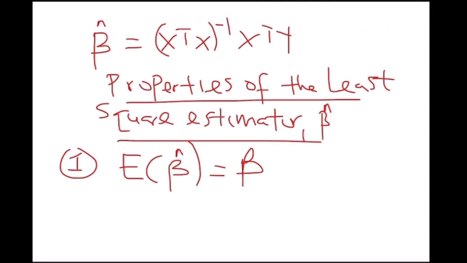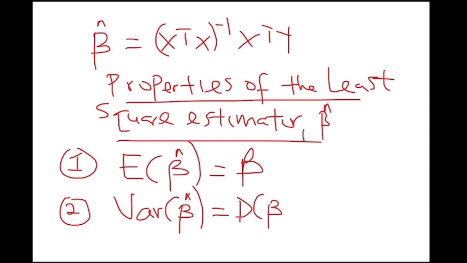Then number two, I also want to show that the variance of a beta curve, which we also call the expansion matrix, because we're going to have a variance covariance matrix, is sigma squared S transpose X inverse. So we want to prove this too.